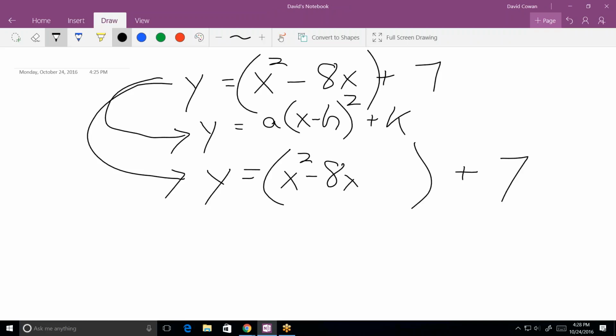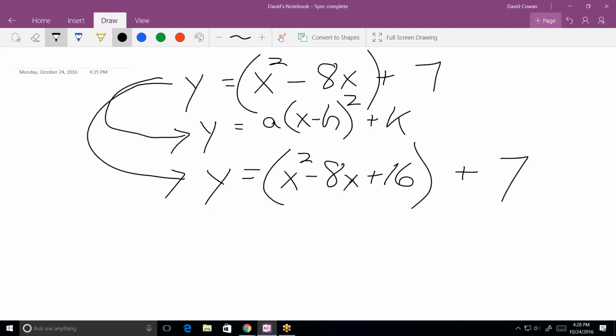Well, it's b over 2 squared. When you're completing the square, you take half of the coefficient of the x term, which is 4. You square it and add it.